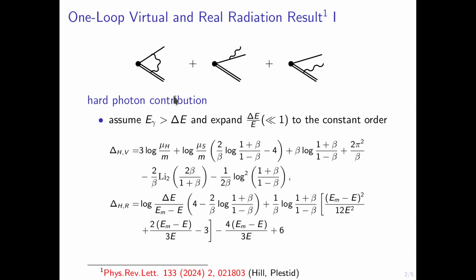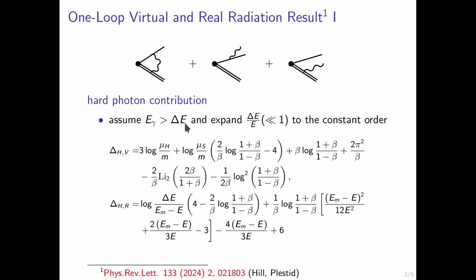If you use the QED Feynman rules and write the amplitude, you can get the cross section or differential cross section. Here, hard means when we do the phase space integral over the photon energy E gamma, you pick this cut.